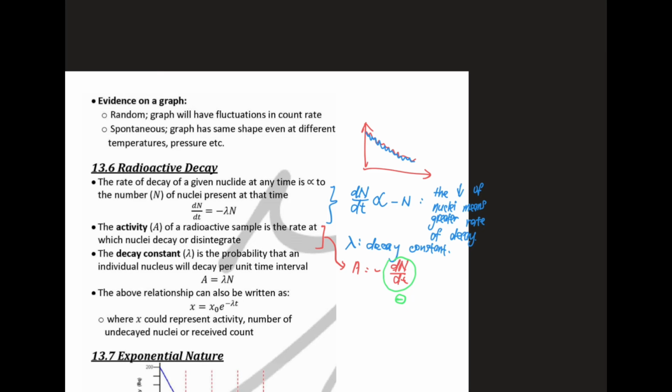That is one thing. The other thing is, if the decaying rate is more negative, that means A is more positive.